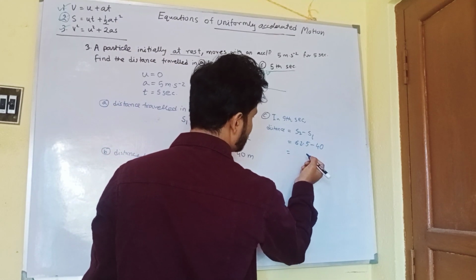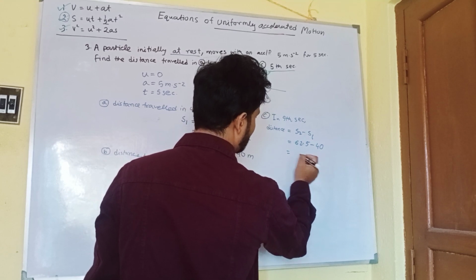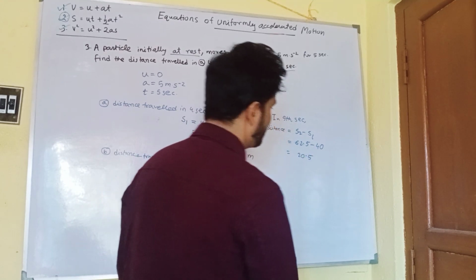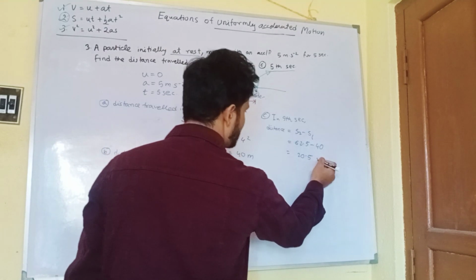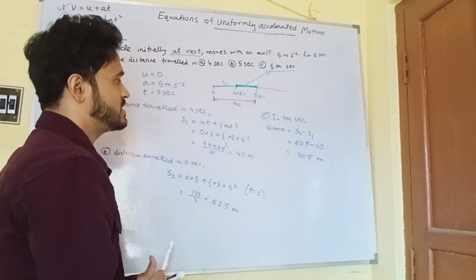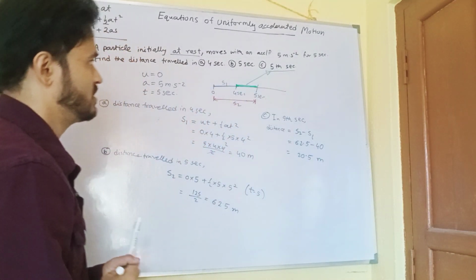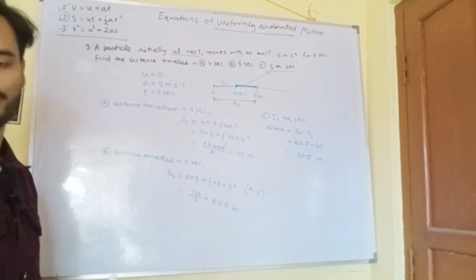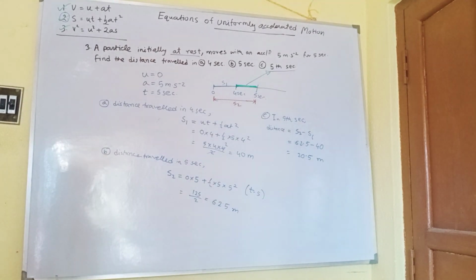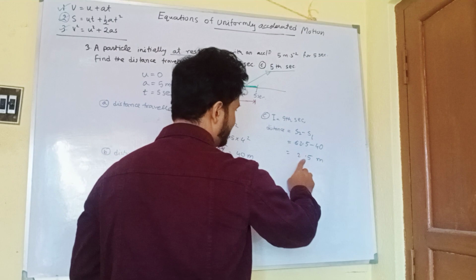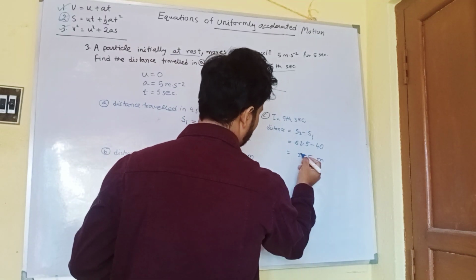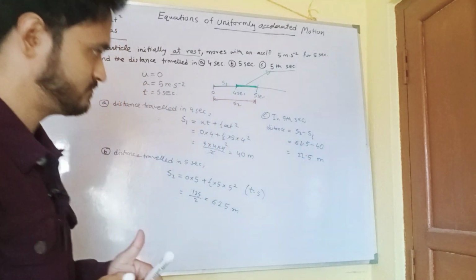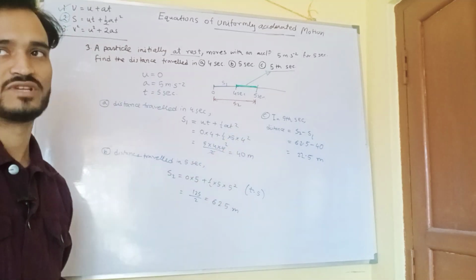So what will we get? 20.5. So 20.5 meter is the distance traveled in the 5th second. Sorry, 22.5. 22.5. We just have to subtract these two.